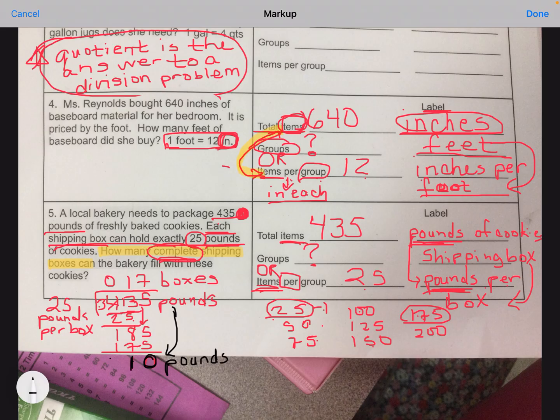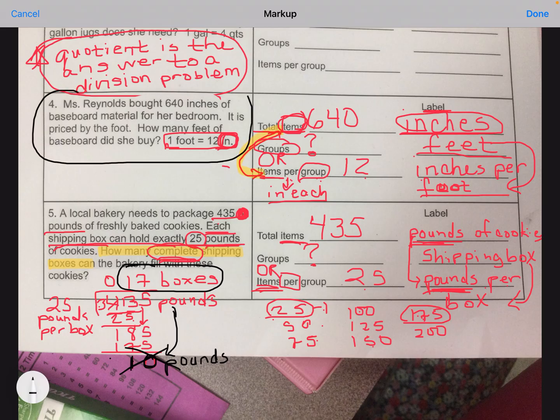That is not going to make a complete shipping box. So in this case, this remainder is meaningless, and my answer is 17 boxes, because the question is asking me how many complete boxes, okay?